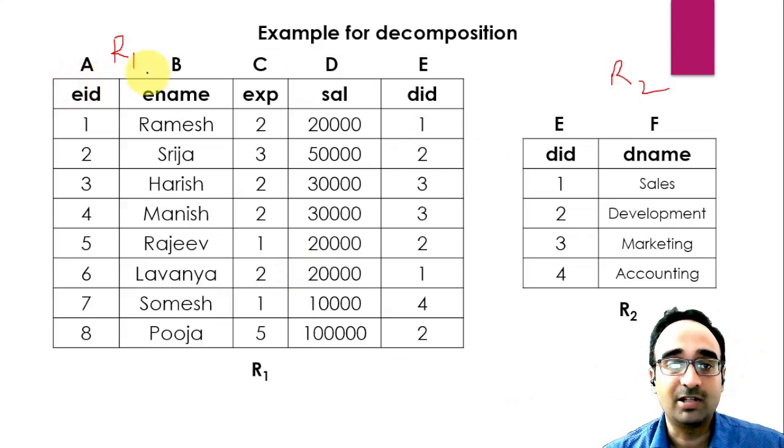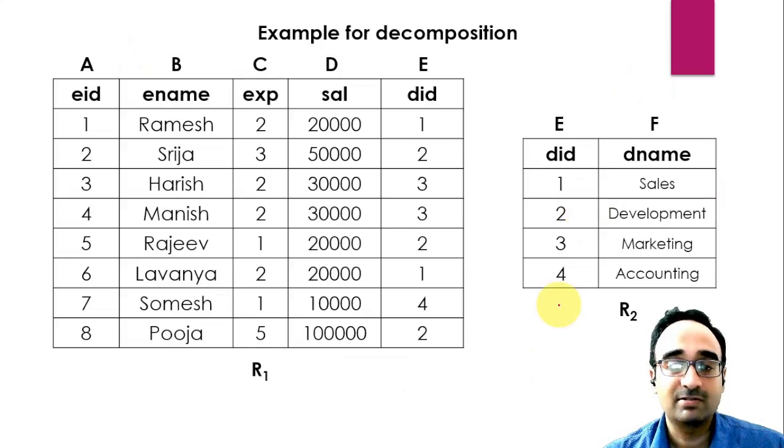In R1 we have 5 attributes A, B, C, D, E, and in R2 you have 2 attributes E and F. When you do R1 union R2, you should again get all the attributes which are in the original relation R. So if you combine these two, you will get again the attributes A, B, C, D, E, and F. So this decomposition is okay, right?